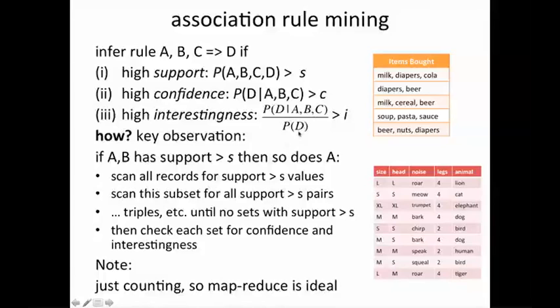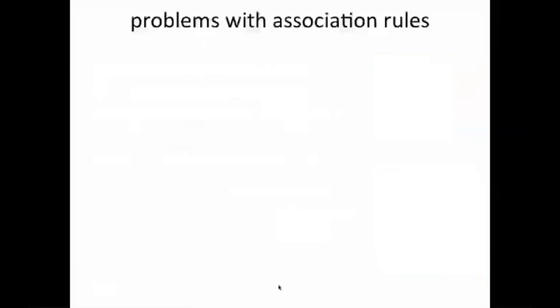So MapReduce-like paradigms are ideal for such tasks. The association rule mining algorithm we just described is called the a priori algorithm. The a priori algorithm is a very popular algorithm and is used in many settings, not just market basket analysis, but there are some problems with it.